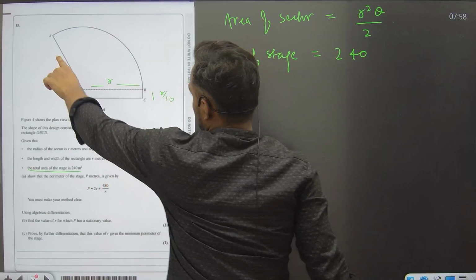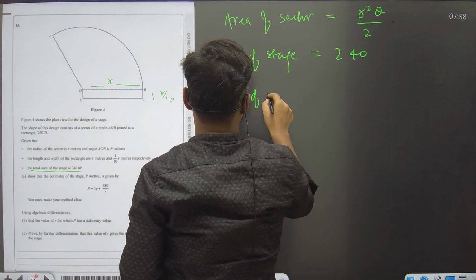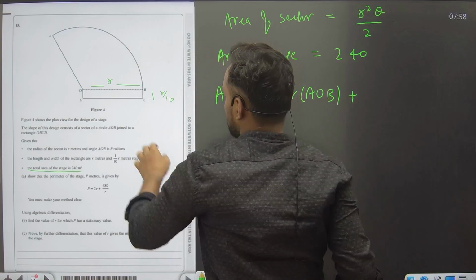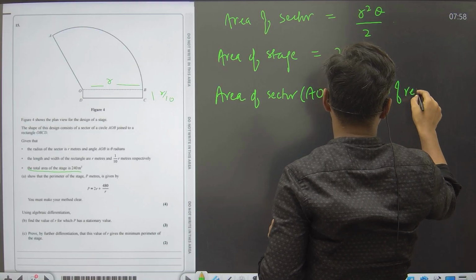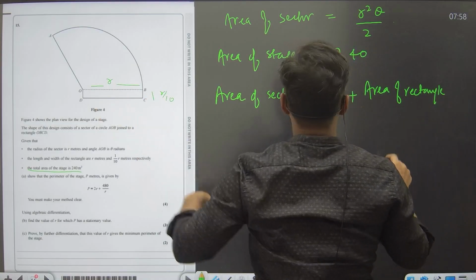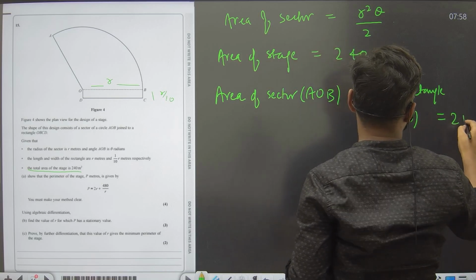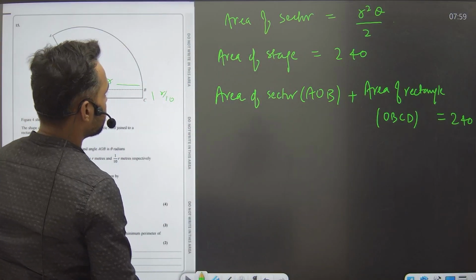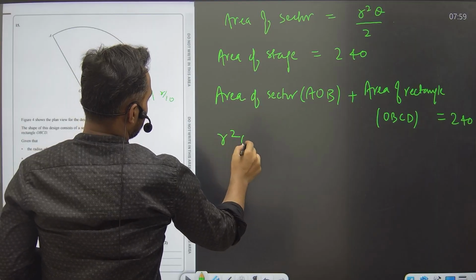Area of stage will be area of sector AOB plus area of rectangle OBCD, that is given as 240. Now for the area of sector AOB, we apply the formula r square theta by 2.